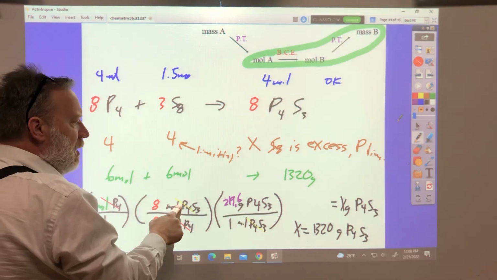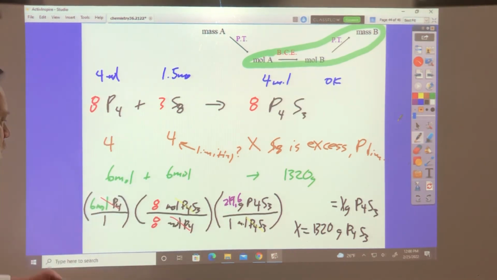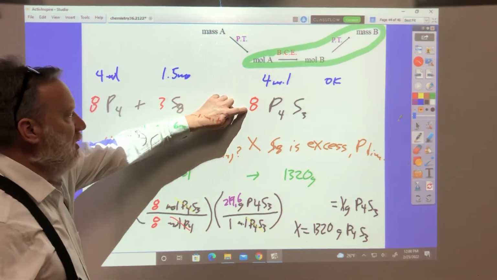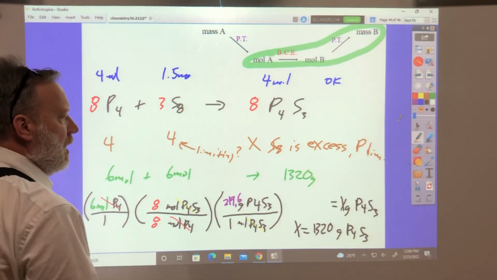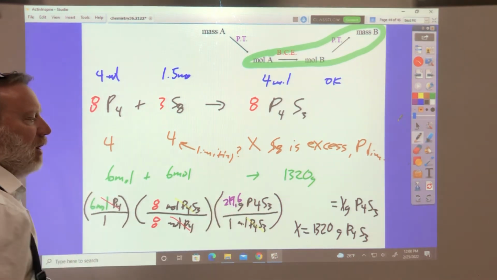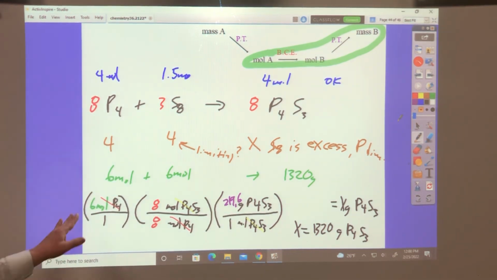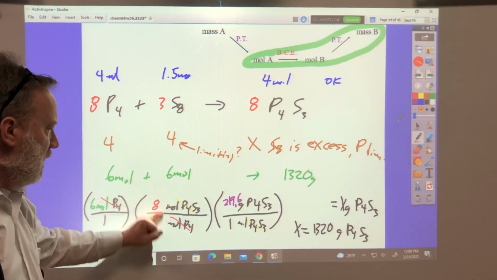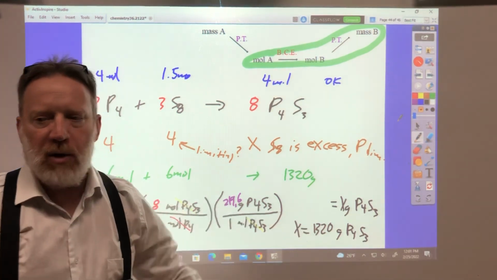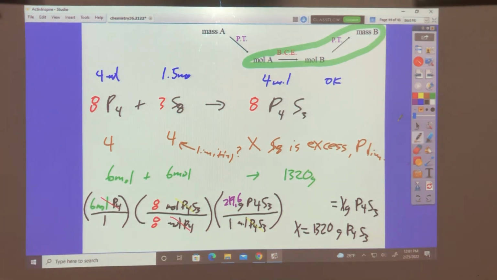That's 2 arrows, 2 sets of parentheses. 8 moles of P4 to 8 moles of P4S3. And if you add up 4 phosphorus and 3 sulfur, you get 219.6 grams per mole. You can, in this case, cancel those. 6 times that is 1320. So this is a correct statement. You don't need to redo it. So see you Monday.